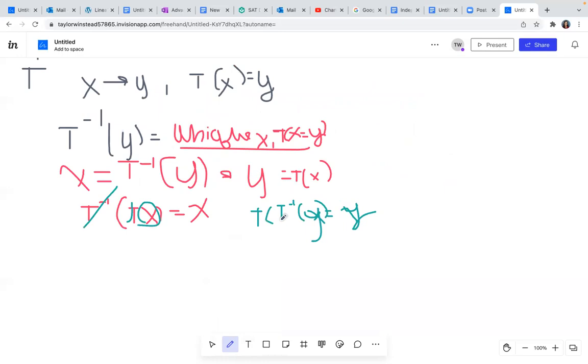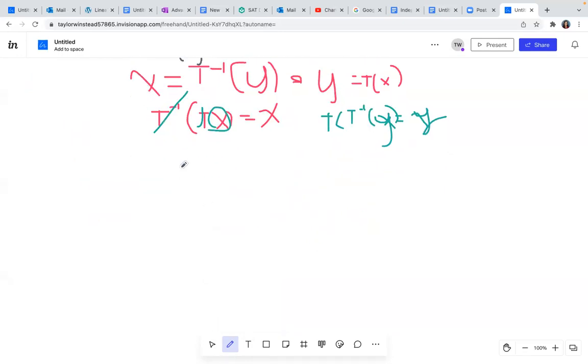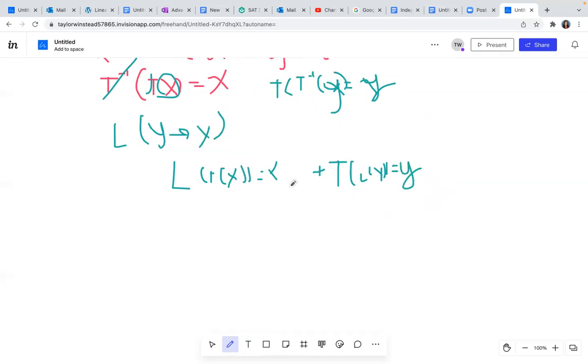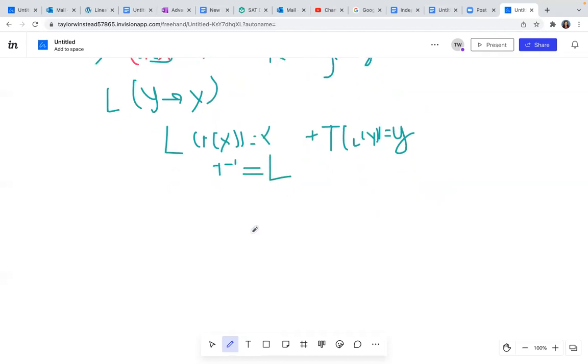So the last thing that we need to say is that if we've got L as a function going from Y to X, such that L of T of x equals x, and T of L of y equals y, well, then based on what we just said about things canceling out, that means that T is invertible and T inverse is L. Okay.